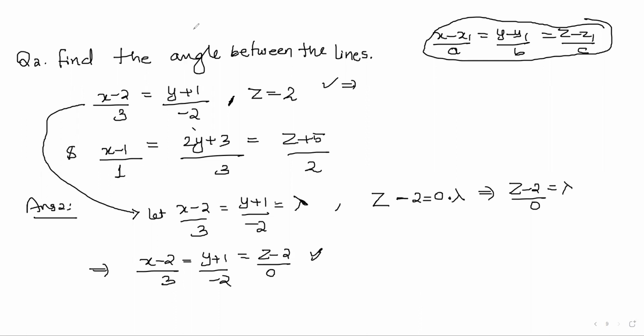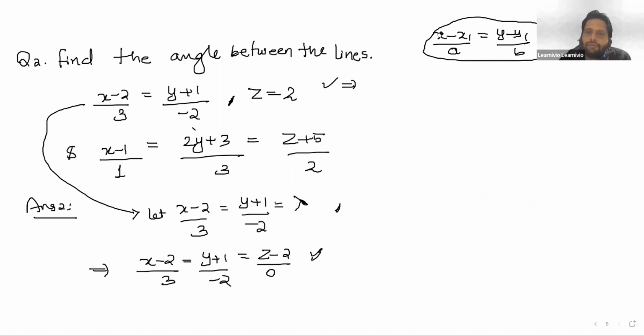Sir, can you explain once more how we got z minus 2 by 0? Yes, yes. So the issue is here we have a comma. Okay. So what we can do, we have this one, z is equal to 2. What I can write here, z minus 2 is equal to 0. Okay. We don't have a lambda. We can't add a lambda here.